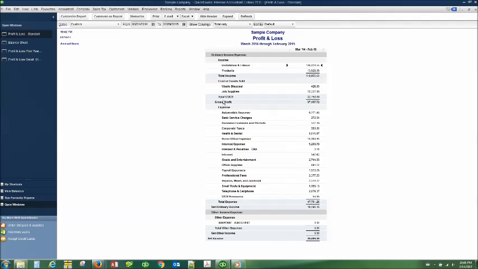After the cost of goods sold, you have this line called gross profit. Now, the gross profit is a number which reflects after you made your sales and you took off the expenses that were directly related to your sales. So, for example, let's assume this customer was building a deck.